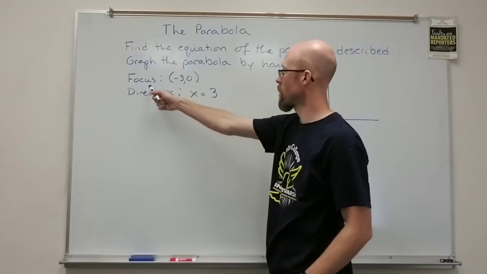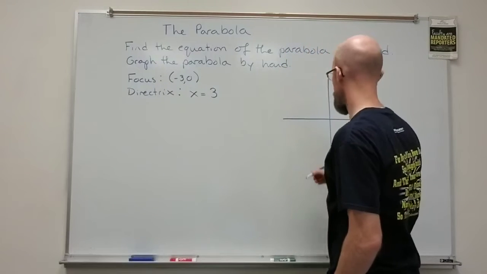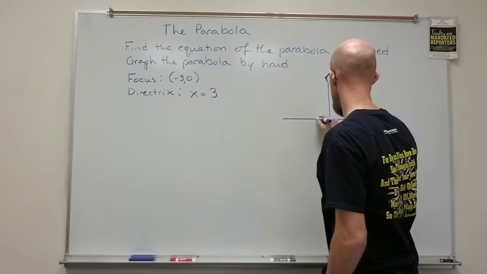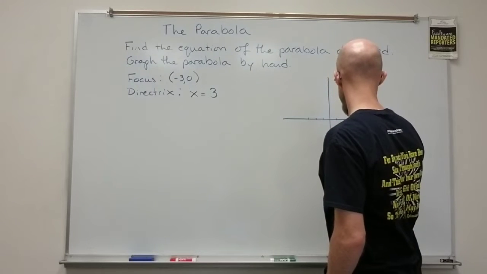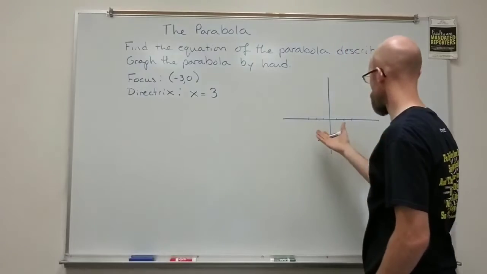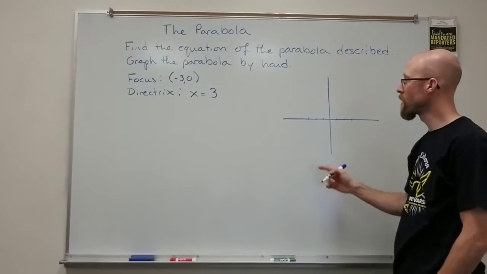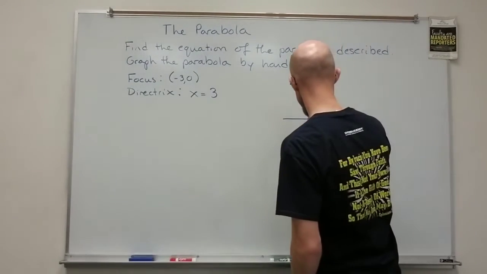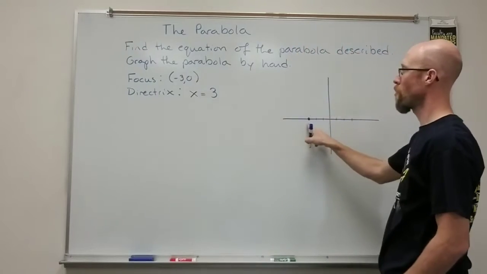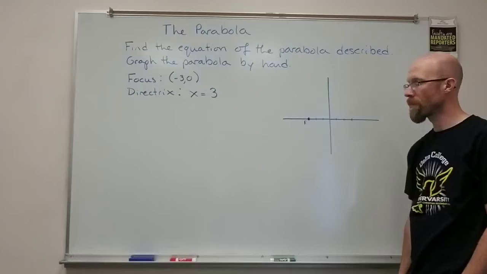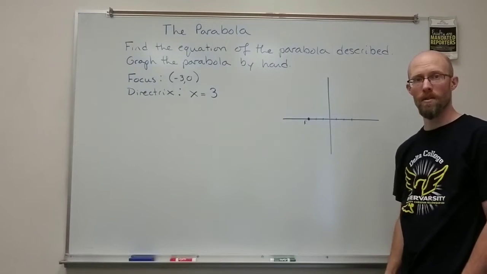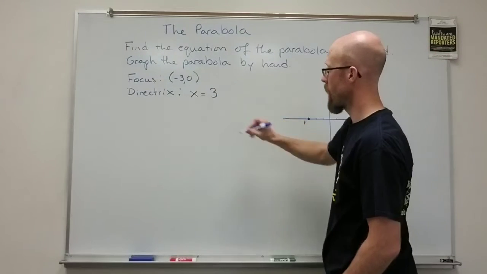When I start this one out, the focus is at -3, 0. Now I don't know exactly how many units I'm going to need, so I'll just make sure I get enough there. So at -3, 0, I have the focus. I'm going to plot that point, and I'm just going to put an F next to that point, just to designate the focus. And then the directrix is at x equals 3.